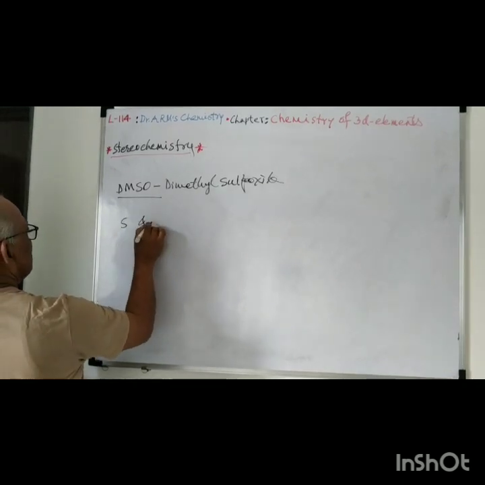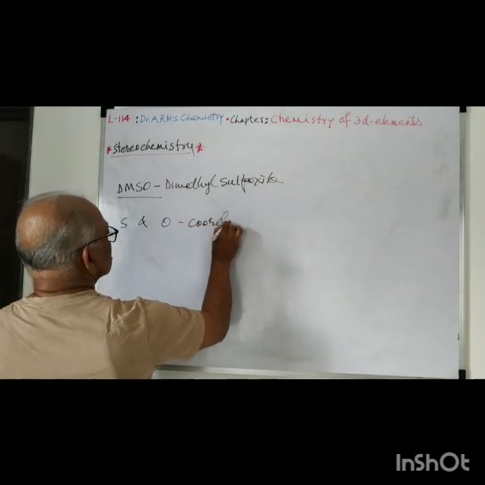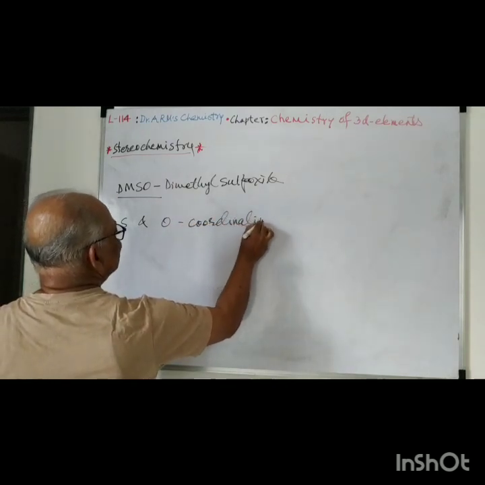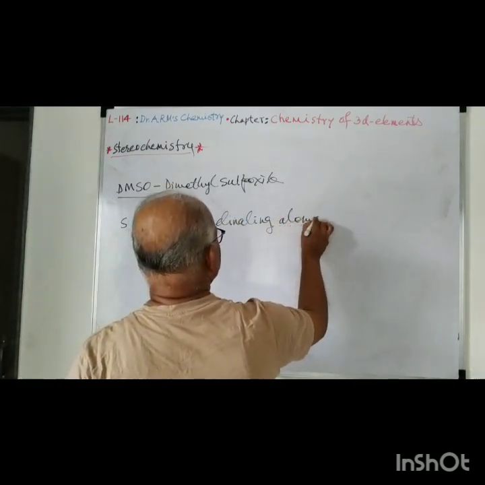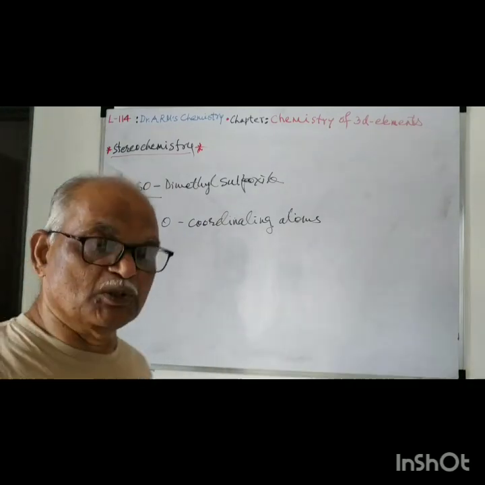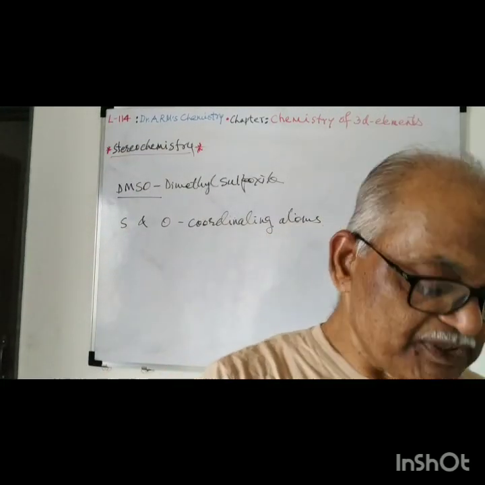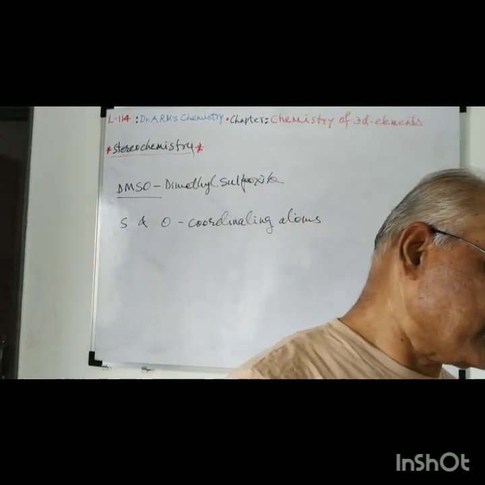Sulfur and oxygen are coordinating atoms, meaning these are donor atoms. So using these different donor atoms, we can have some examples.